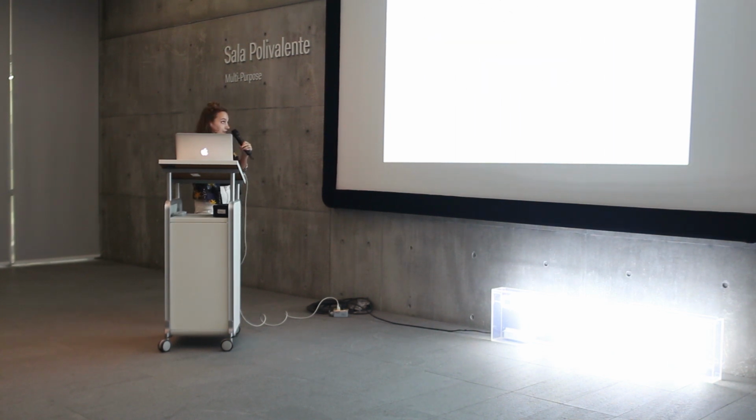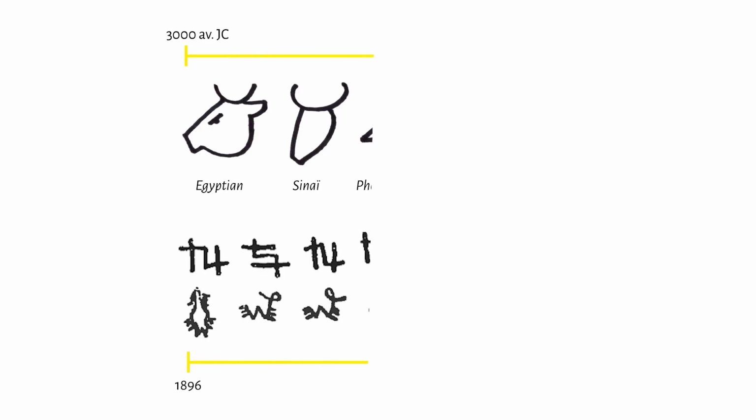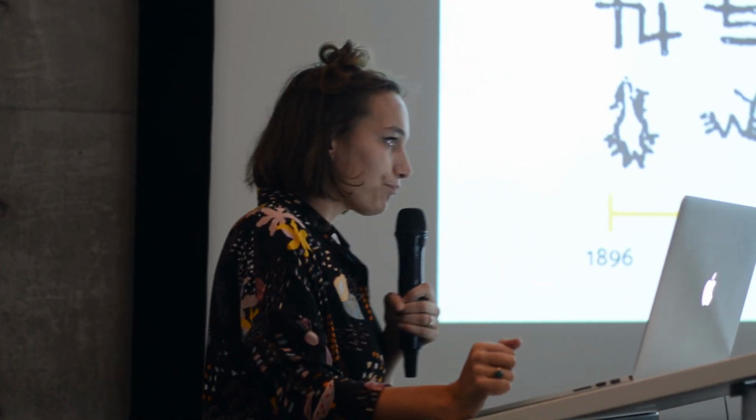So the evolution is really incredible, because in just 22 years you can see a real evolution on the linguistic level and also on the drawing level. It's comparable to our writing system, which took slightly more time.